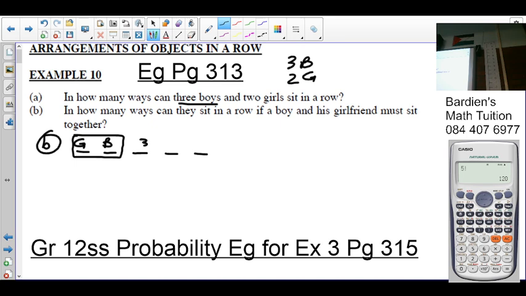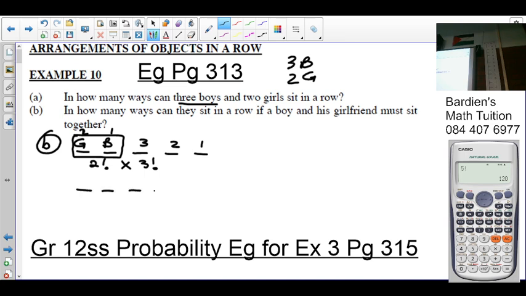Can you see? Because then I get 3 options, 2 options, and 1 option. But this could be in 2 ways as well. Can you see that? So that's 2 factorial times 3 factorial. Because the girl can sit first, or the boy could sit first, and the other one is sitting second. Wherever it is, that is 1 way.